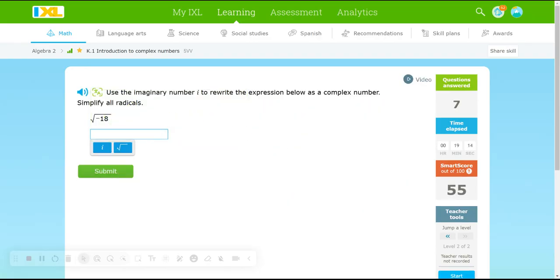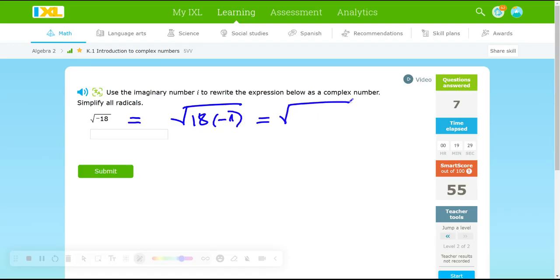Amazing. Okay, let's do a couple more and we're done with this. Okay, same thing over and over again. Negative 18, that's 18 times negative 1. Okay, now I substitute negative 1 by i squared. Okay, so now you try to figure out how to simplify 18. 18 is 9 times 2.